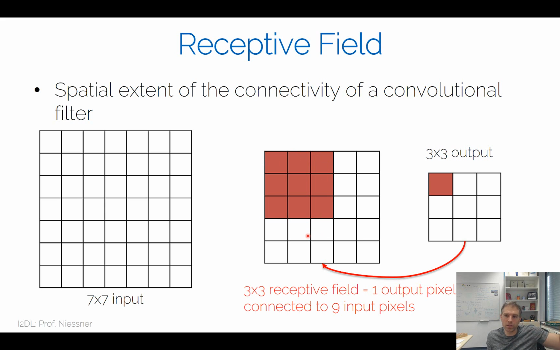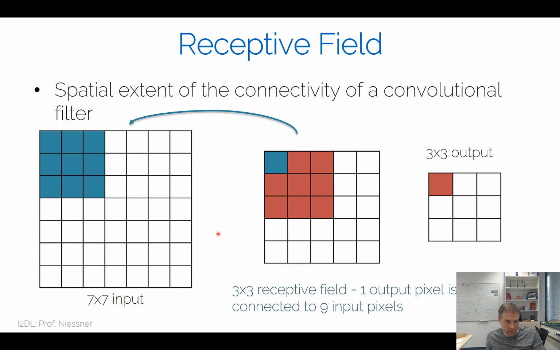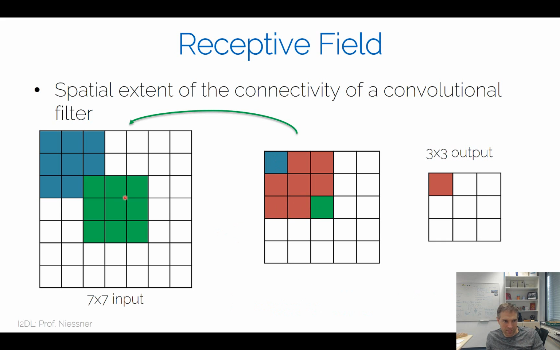This location is dependent on these 3 input locations. And now I have to go recursively back. It's not so complicated to imagine. Now I'm looking at this one here. This one was dependent on these 3x3 pixels, right? So this is again dependent on 9 inputs. And now I go to this pixel that's dependent on this one, right? So this pixel was dependent on all these, and these ones here were dependent on all of these, if I take it all together.